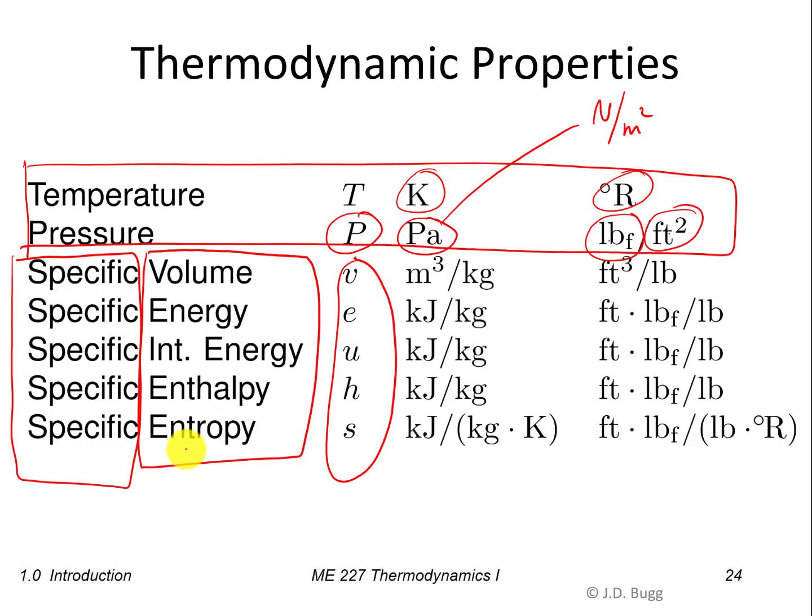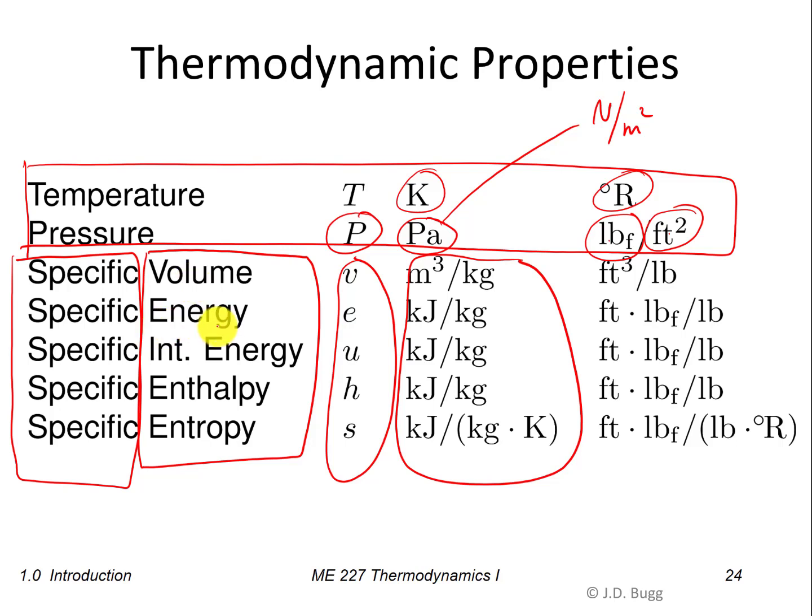Now, what's the difference between the two? Well, the answer to that is in the units. Notice that these units are all the same, except they're now on a per unit mass basis. So volume divided by mass is specific volume.